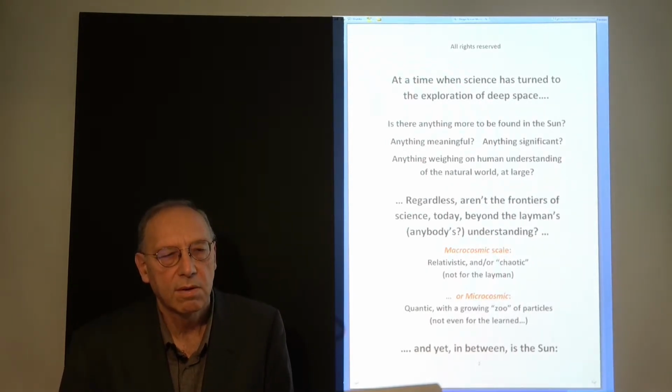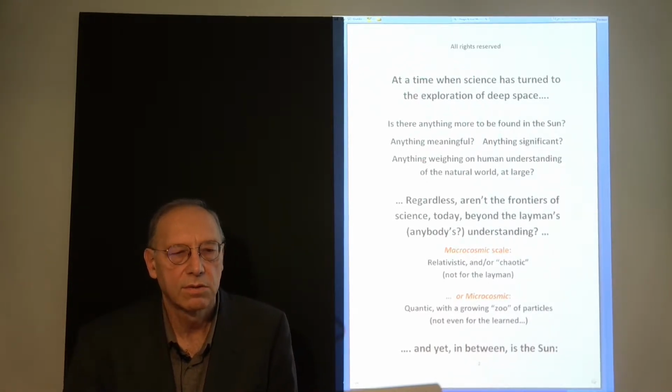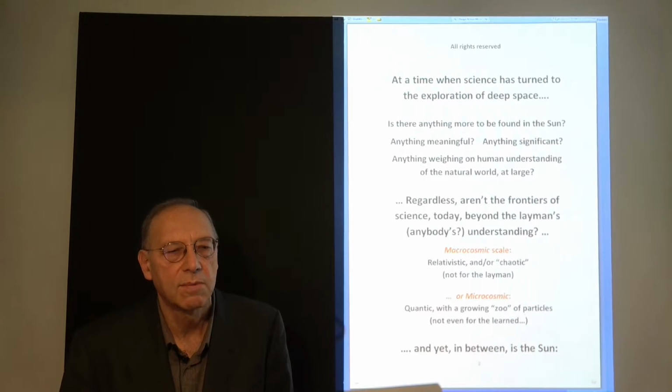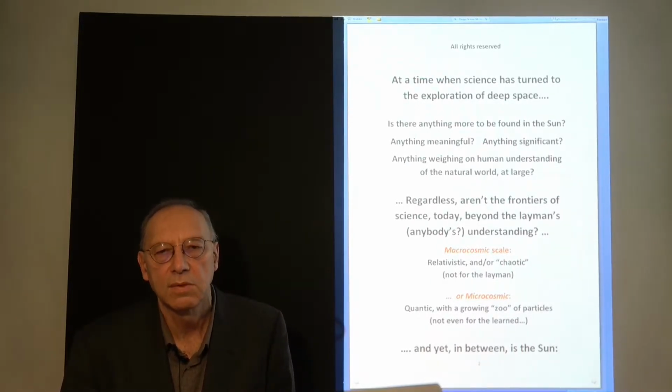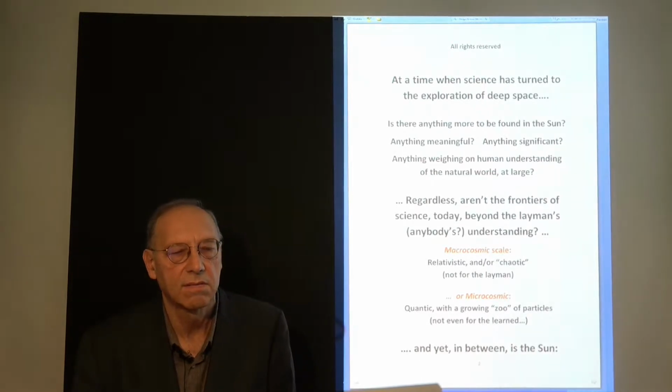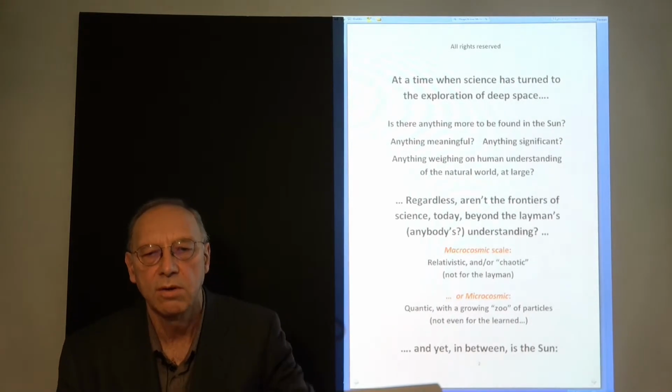At the microcosmic scale, the other extreme of the natural world, the quantum rules with their growing zoo of subatomic particles are hardly fathomable even for the learned specialist. So in between these extremes we have our own world, the solar system, and the star at the center of it, the Sun, which everybody knows.